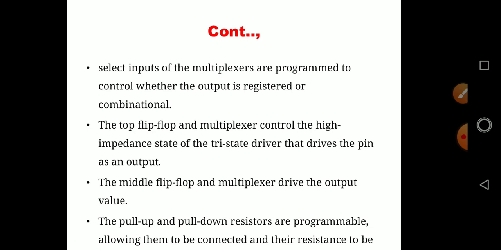The output drivers, or output tri-state buffers, help in selecting the logic levels, that is high logic level TTL or low logic level TTL, and the input buffers, or input tri-state buffers, which are connected to the system, help in finding the threshold voltage levels, and the output buffers are also used to find the slew rates. Slew rate is nothing but the rate of voltage change at the output. So this was all about the input output blocks.